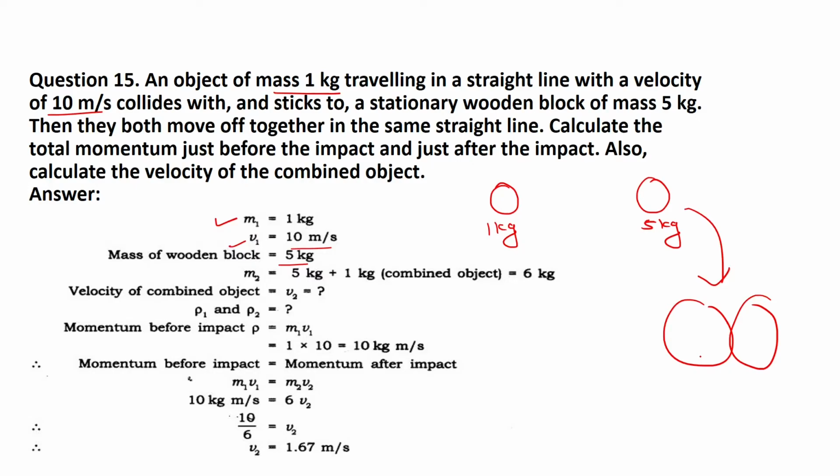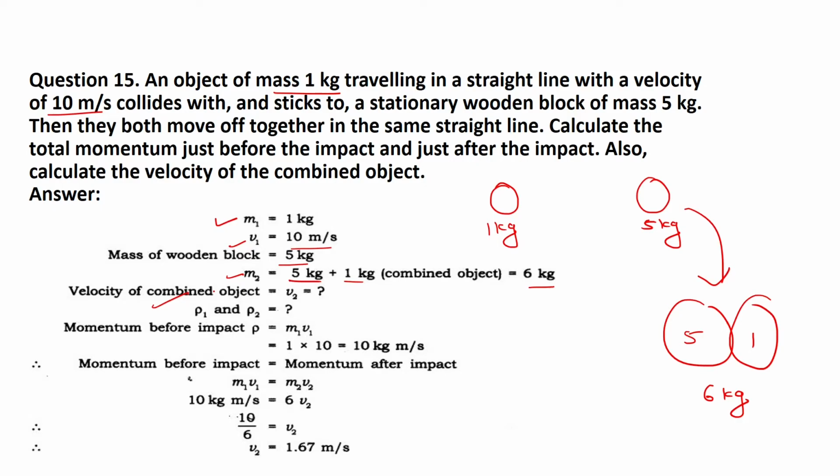Now we have to use the law of conservation of momentum. So the total mass after combining the objects is 5 plus 1, that is 6 kg. The velocity of the combined object is what we have to find.